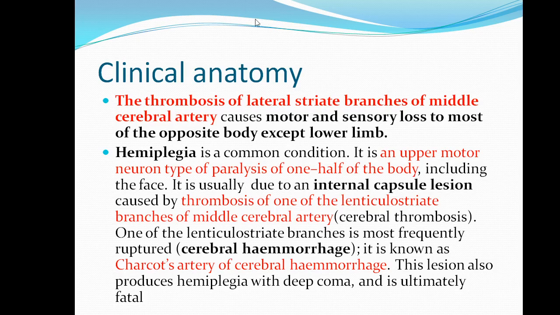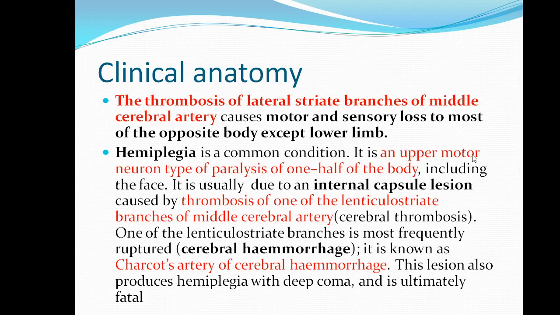Clinical anatomy. The thrombosis of the lateral striate branches of the middle cerebral artery causes motor and sensory loss to most of the opposite body except lower limb. Hemiplegia is a common condition.